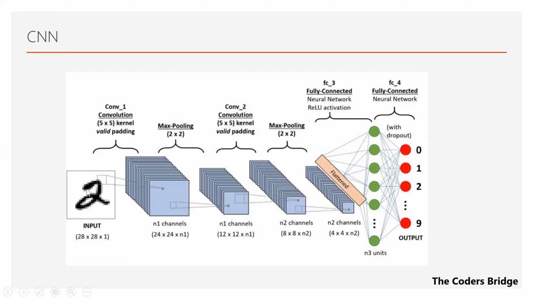In 28 cross 28 we have 28 rows and 28 columns. This is a matrix. The max pooling layer is 2 cross 2. We first take a 2 cross 2 matrix, find the maximum value of it, and save it in a new matrix.